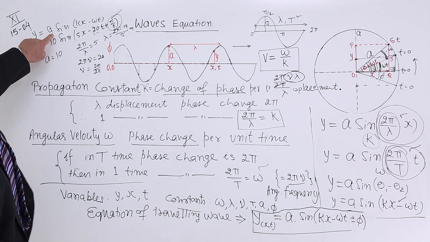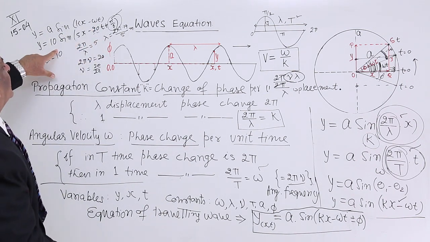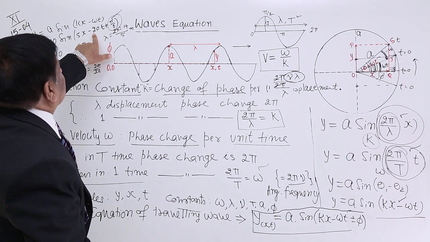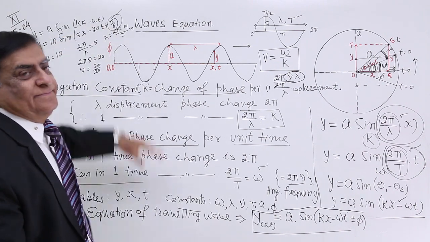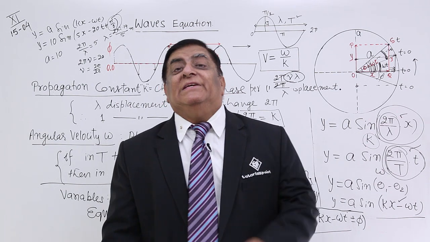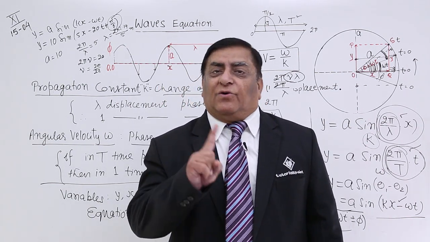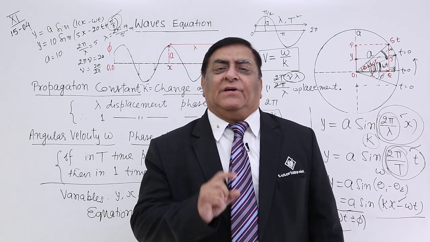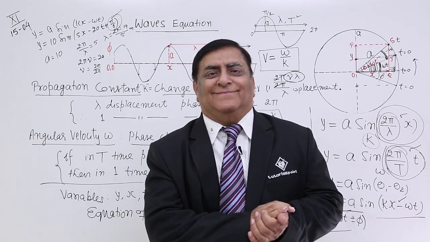If all these values are given to you, you can write an equation like this. So in an equation, y, x and t will be written as they are, and all the constant values will be given. So this is all about the equation of the traveling wave, kx minus omega t. If it is only kx, or only omega t, it is oscillation. If it is kx minus omega t, it is motion.